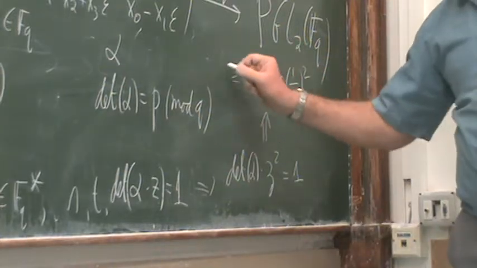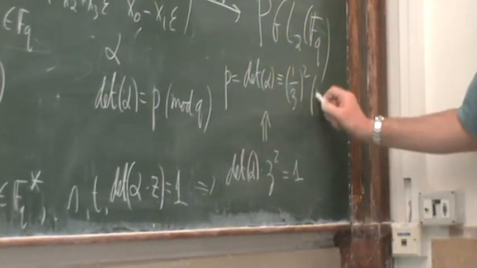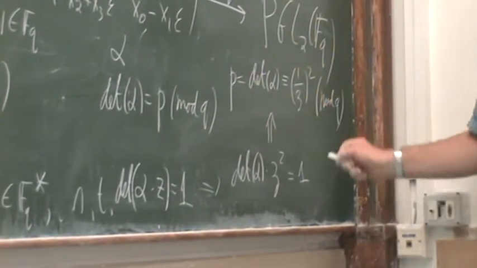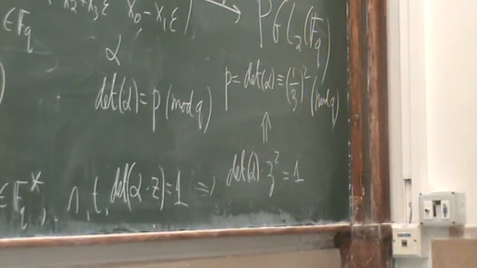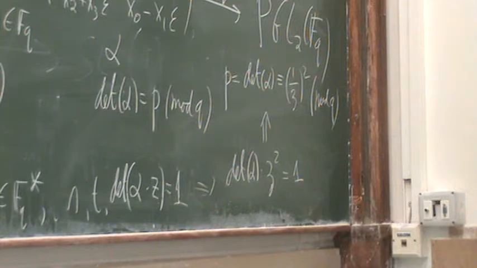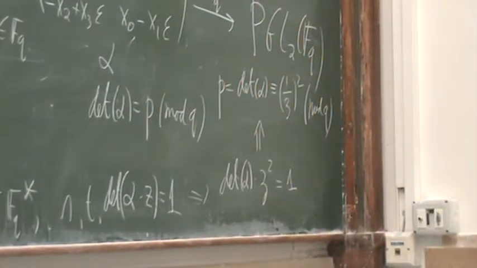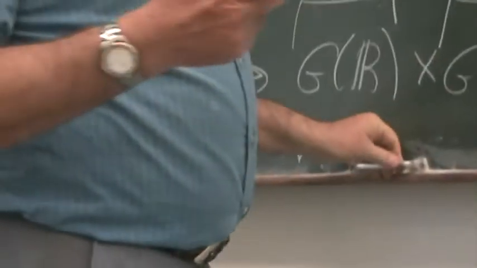This is equal to p, and everything should be solved mod q. So when can we do it? If and only if p is a square mod q. That's exactly the so-called Legendre symbol.